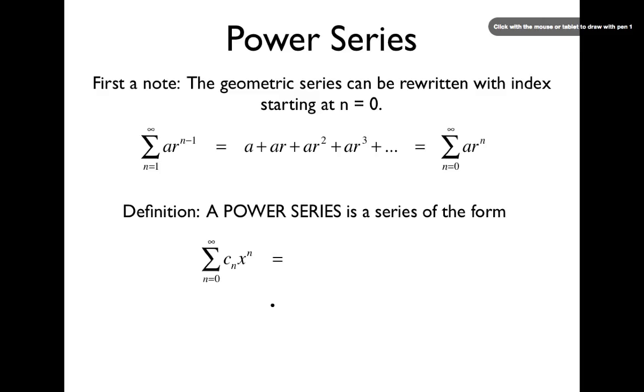Well, x to the 0 would be 1, right? So our first term is C sub 0. Second term is C sub 1 x, then C sub 2 x squared, etc.